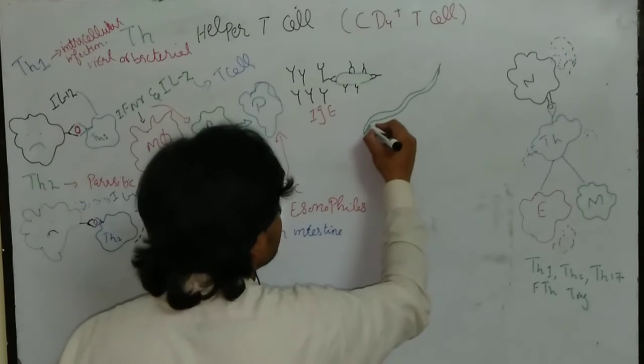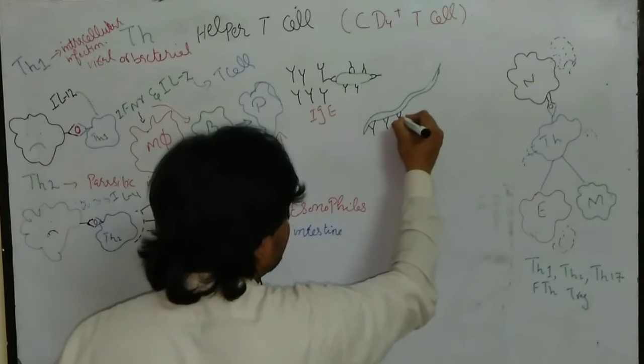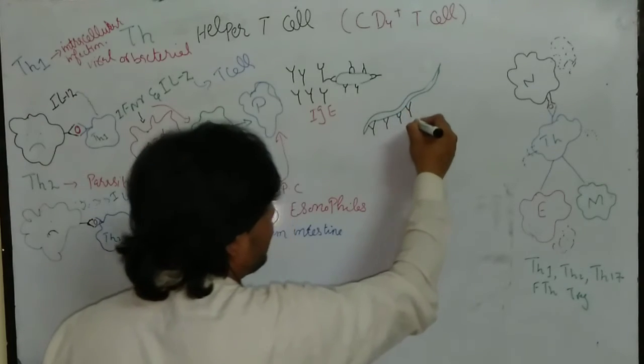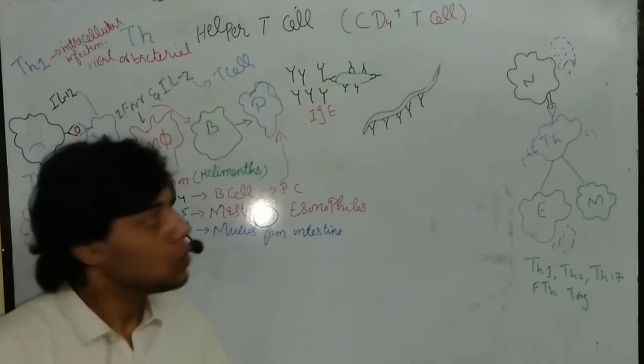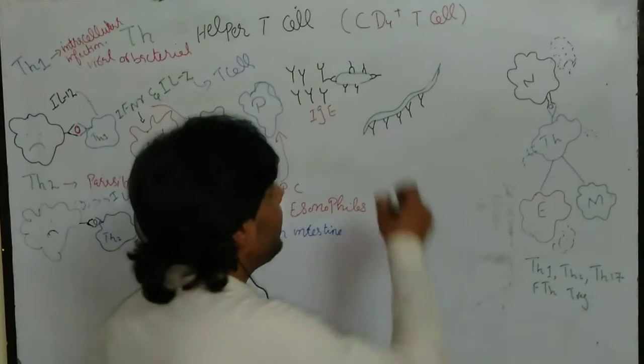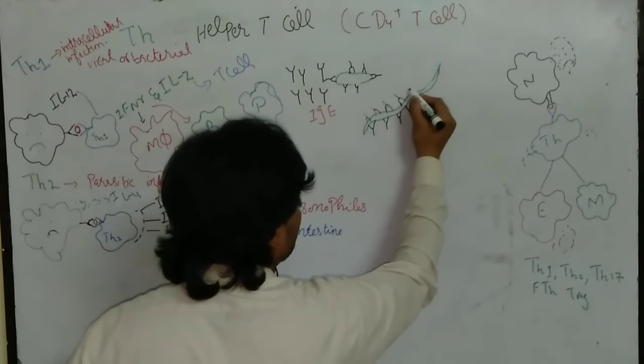IgE antibody will bind on the helminth's body. Phagocytic cells can't engulf this helminth, so IgE antibody will bind on its body, as you can see. A lot of IgE antibody is bound here.